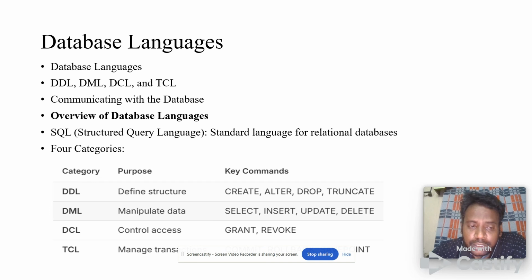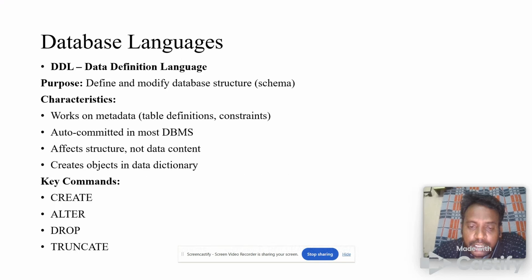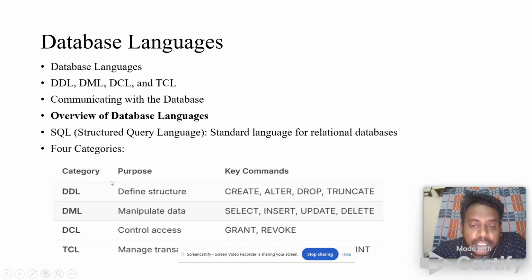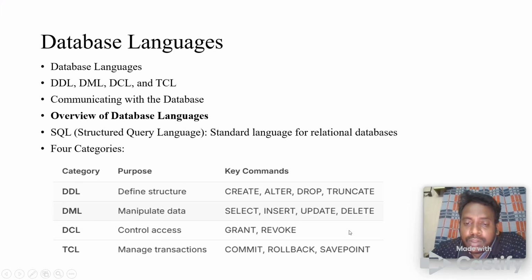Next one is DCL. DCL is about accessing controls like grant and revoke. Then managing transactions: the important commands are commit, rollback, and savepoint. That is the transaction control language, and I will give a simple example.